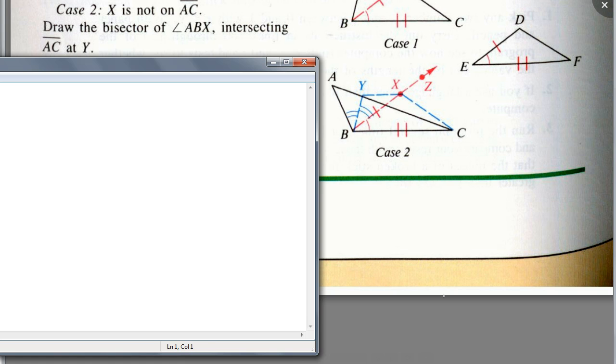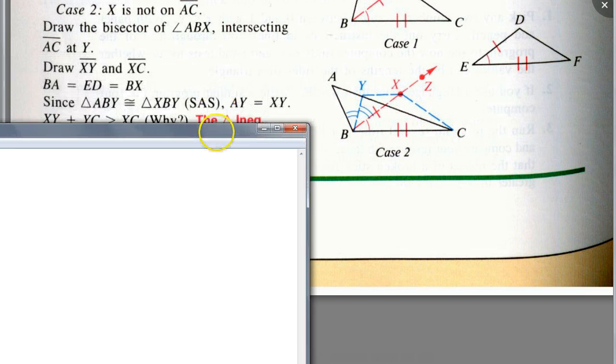Are we okay so far? Take a look at this triangle, YXC. Do you see this triangle YXC? Let me ask you this. What can you tell me about the length of XY plus YC versus the length of XC in this triangle? If you were to add XY plus YC, it's going to be greater than XC, right?